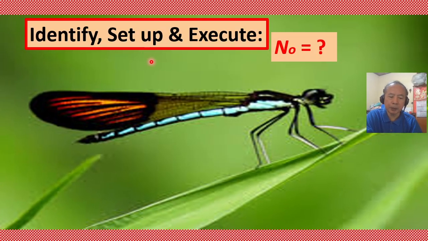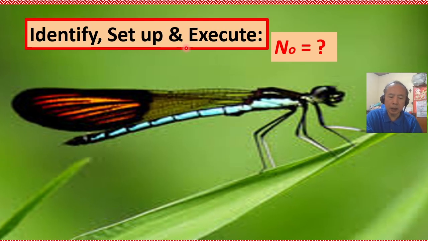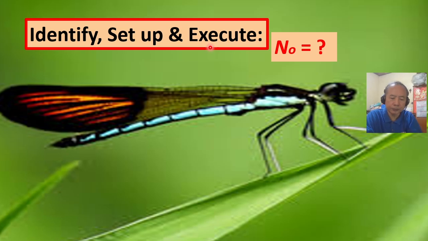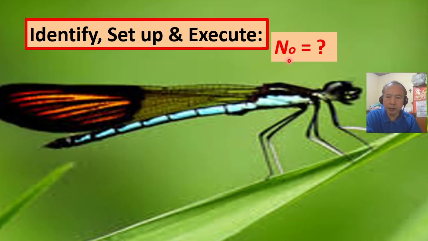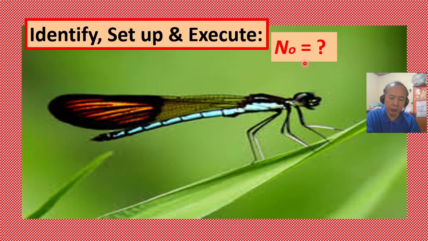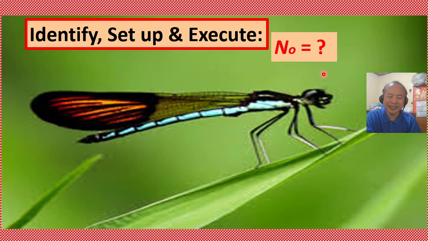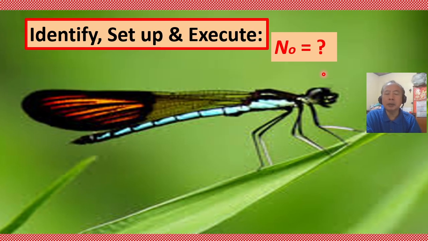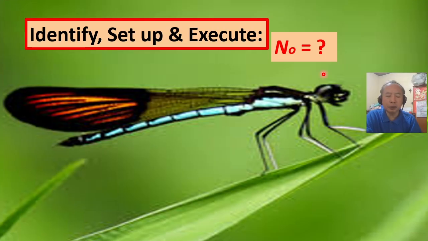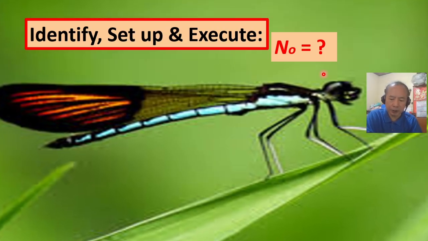Our main target variable in this problem is the number of cesium-137 atoms, which we denote as capital N sub naught. So the number of cesium-137 atoms that have to be present in each kilogram of body tissue if an equivalent dose for 1 week is given as 3.5 sieverts.